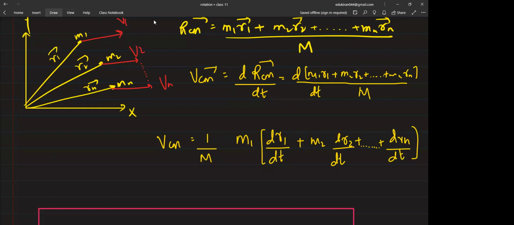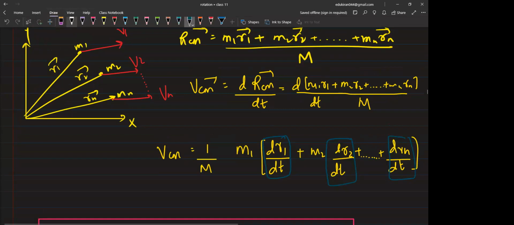Now look. dr1 over dt, dr2 over dt, drn over dt. Here masses will also be there, mn.